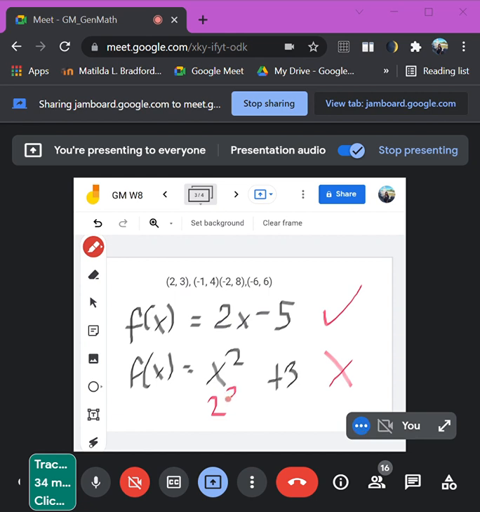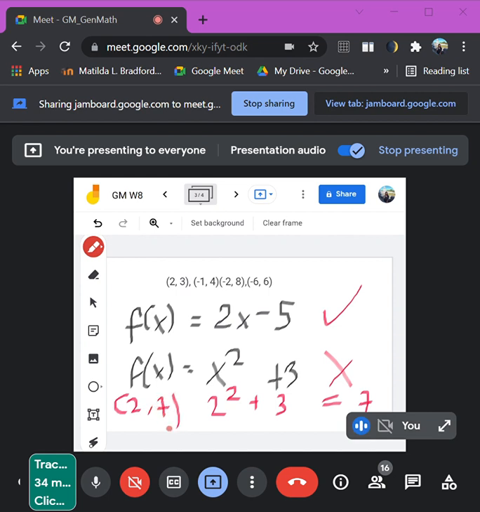So kung ato siyang i-solve, ang iyahang solution is 2 squared, that is 4 plus 3, that is 7. So ang ordered pair niya is not x but 2, 7.